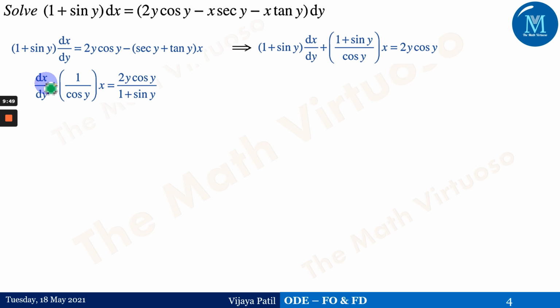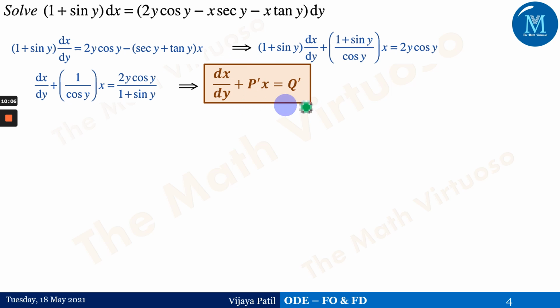After the division, we get dx upon dy plus 1 upon cos y times x, because 1 plus sin y in the second term was in the numerator and now we divide by it, so that goes off. This equals 2y cos y upon 1 plus sin y, which can be expressed as dx upon dy plus P dash x equals Q dash, where P dash is 1 upon cos y and Q dash is 2y cos y upon 1 plus sin y.